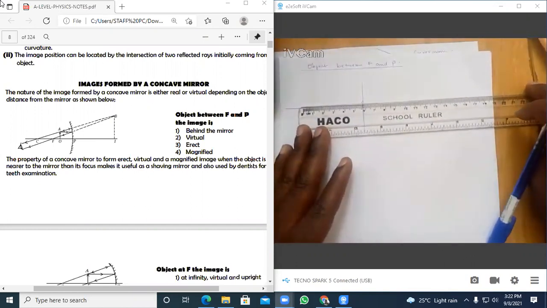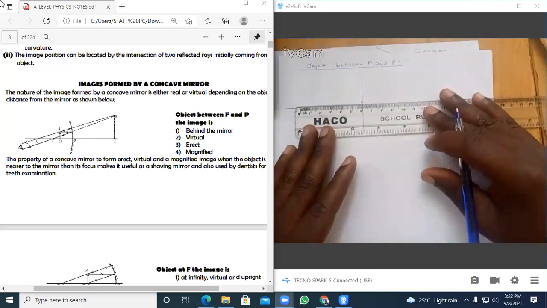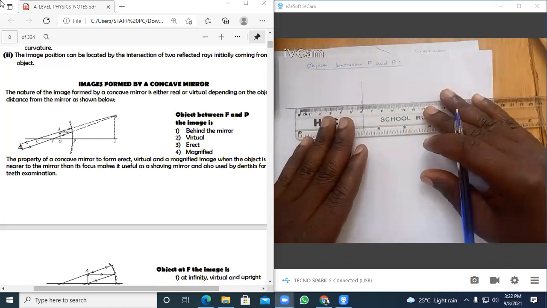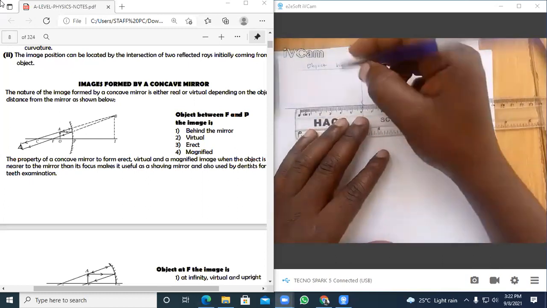So you should know that the radius of curvature is twice the focal length.